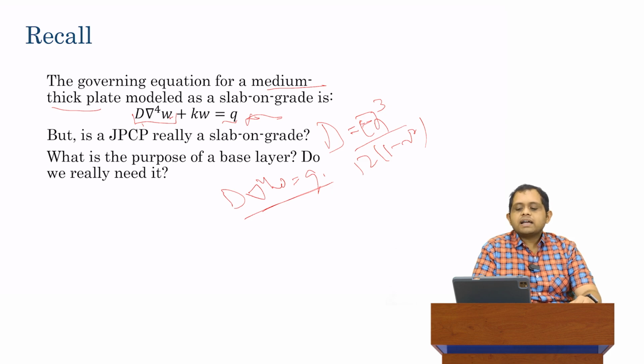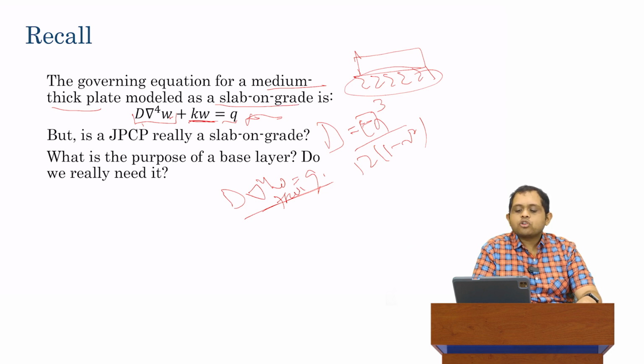To that, when we add a Winkler foundation, that we assume that the slab is actually sitting on a dense liquid or a Winkler foundation, that's how we model the subgrade, then we add this correction term K W. This is actually just the reaction force which is coming because of the presence of these springs. So D del power 4 W plus K W is equal to Q. This was our governing equation, but this was the governing equation for slabs on grade.